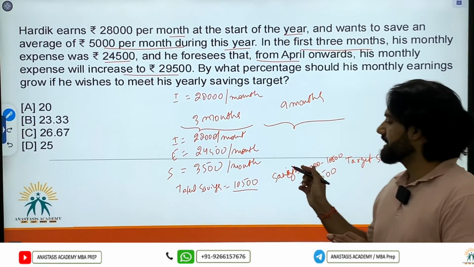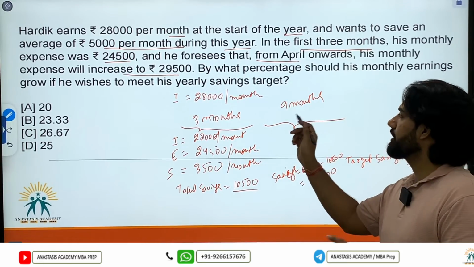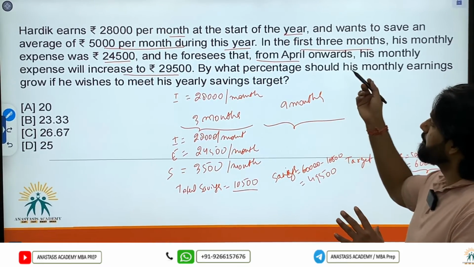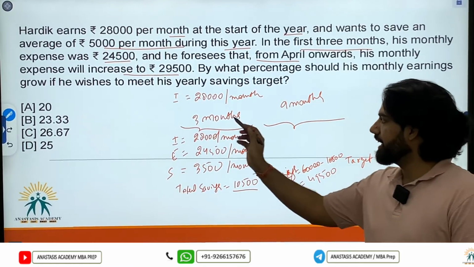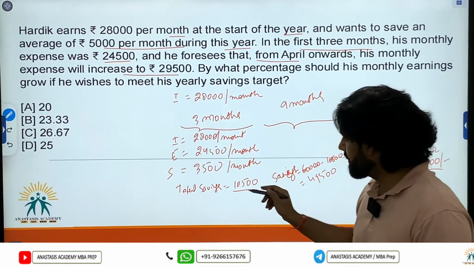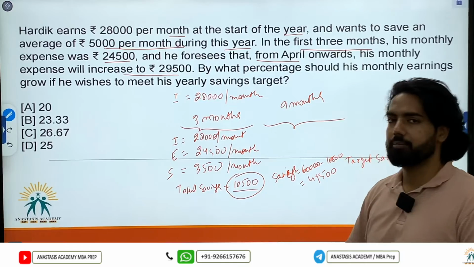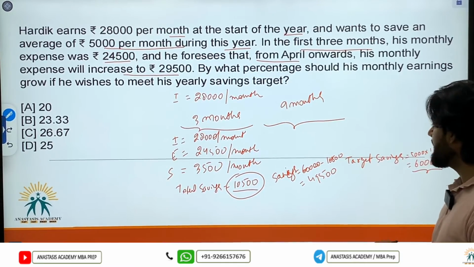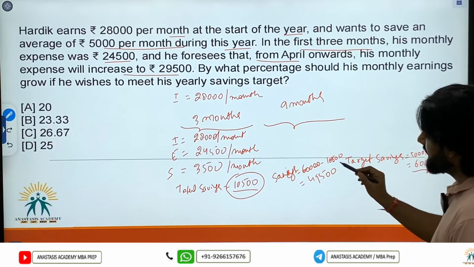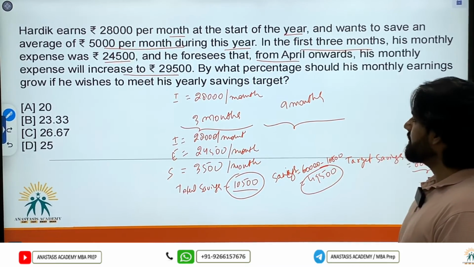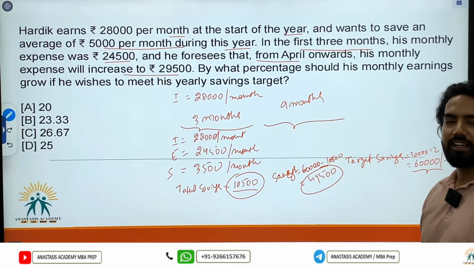This is his target saving for the 9 months, because in 3 months he managed to save only 10,500, and his annual target of savings is 60,000. So he has to save 49,500 in the next 9 months.